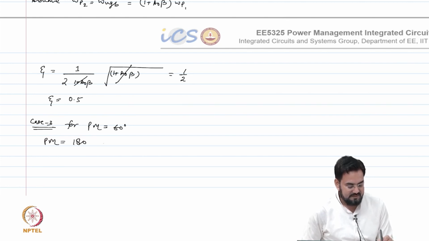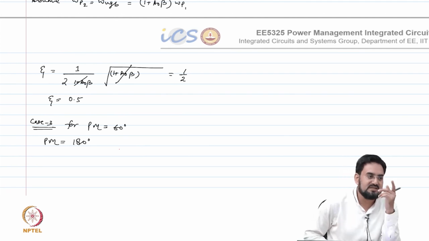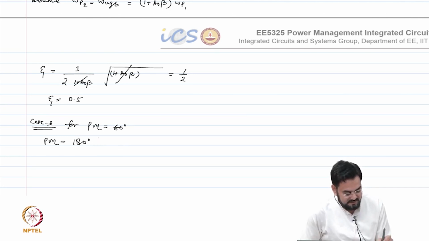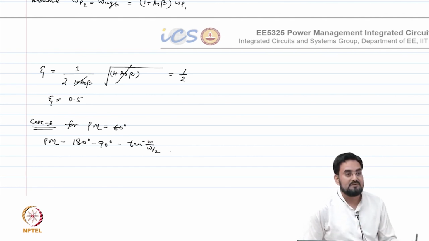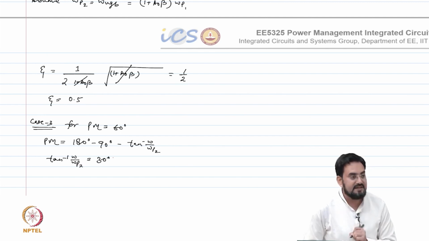It is 180 degrees minus. For a second order system at UGB, what will be the phase contribution from the first pole? 90 degrees minus. So your phase margin will be mostly determined by the second pole, tan inverse omega over omega p2, correct. So 60 degree phase margin means tan inverse omega over omega p2 equal to 30 degrees.